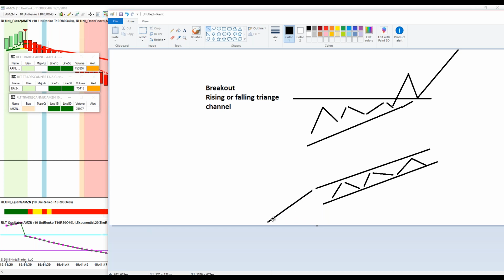So if it goes into the consolidation period in an uptrend, it's more likely to break out to the upside. And again, it's going to signal you an alert on the break, but you have to wait for it to come back and test support and then trade the move up.